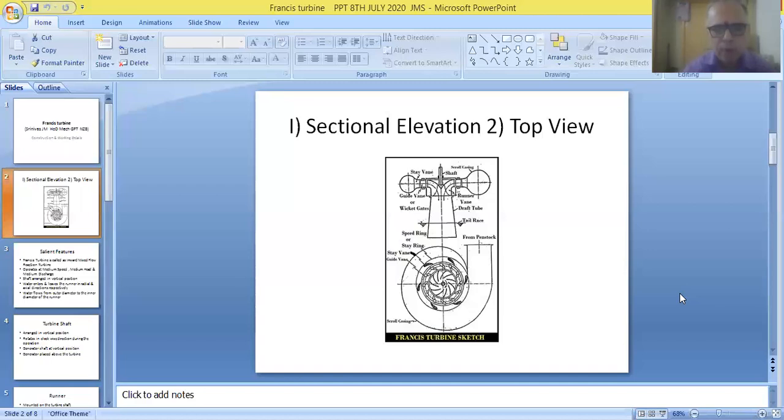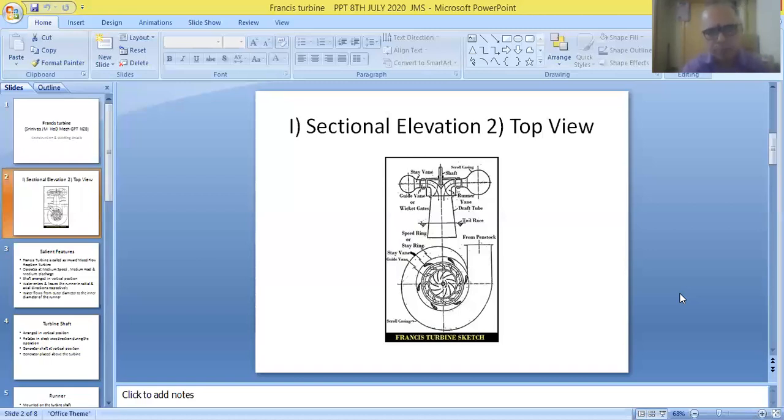So therefore, pressure energy will be getting converted into kinetic energy of the liquid. Therefore, guide wheel is also used for increasing the kinetic energy of the liquid.